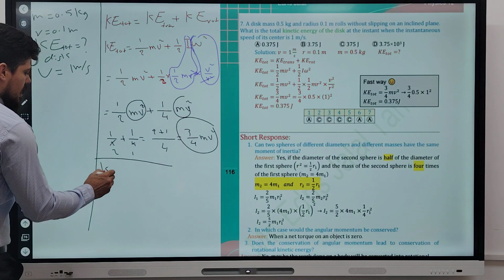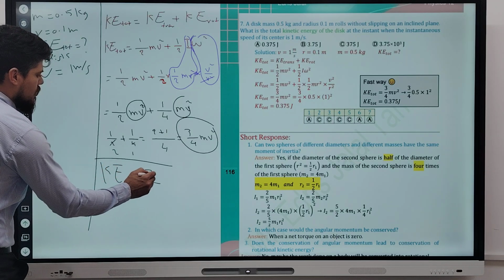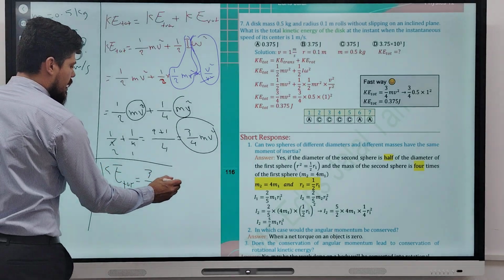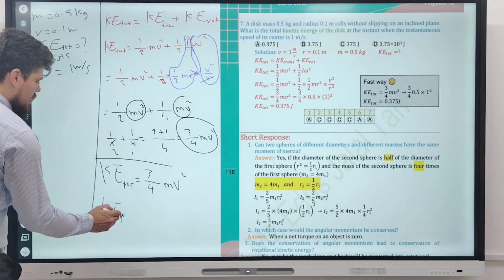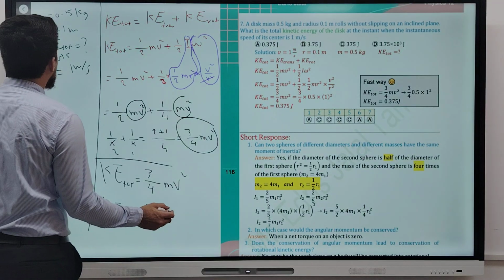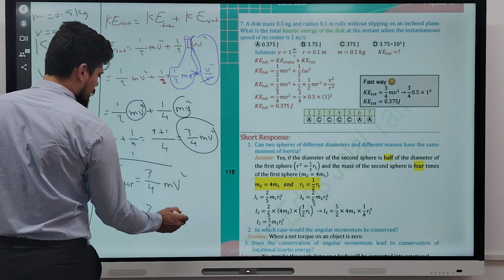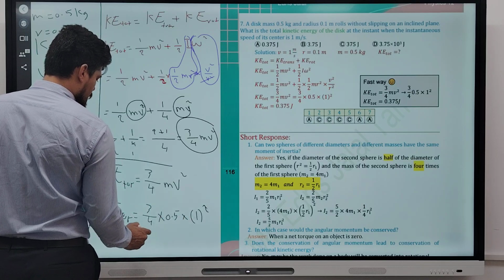So finally, the total kinetic energy for the disc is equal to 3 over 4 mv squared. Replace 3 over 4 times the mass, which was given 0.5, and the velocity of the disc, also given, 1 squared.